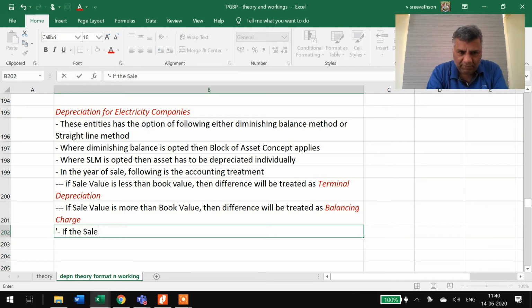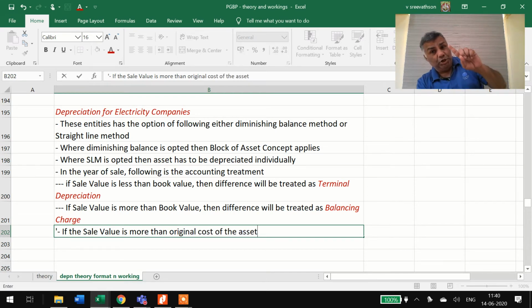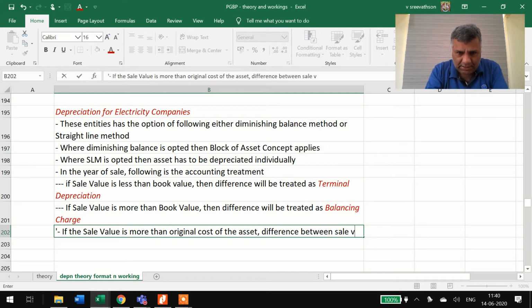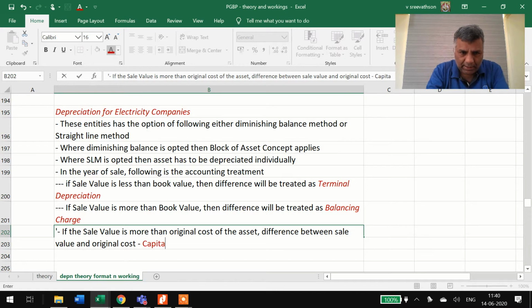If the sale value is more than the original cost of my purchase, the difference between sale value and original cost will be known as capital gains. The difference between original cost and book value is the balancing charge.